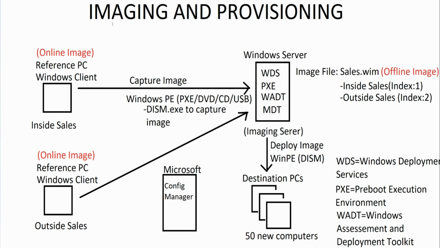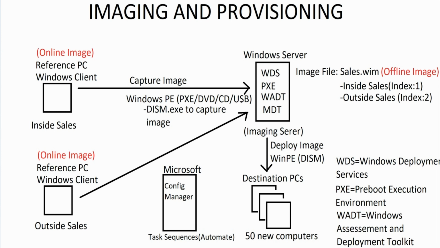The great thing about Config Manager is it has these task sequences that are used for automation. So you can automate things. Now, granted, MDT, the Microsoft Deployment Toolkit, which is the workbench, has some task sequences as well, but it doesn't have all the task sequences needed for doing full automation.